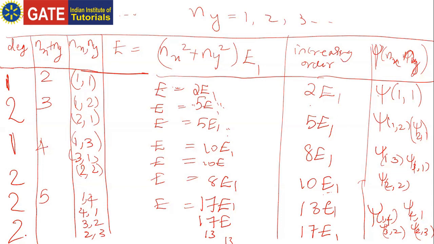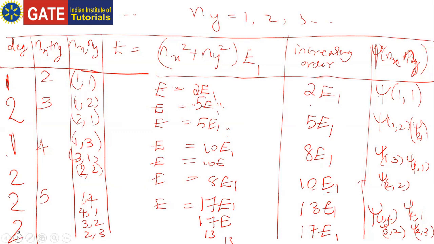Any doubt? Ma'am, for 10E1 it's 2. Yes: 2E1 is 1, 5E1 is 2, 8E1 is 1, 10E1 is 2, 13E1 is 2, 17E1 is 2. In between, 8 is there.